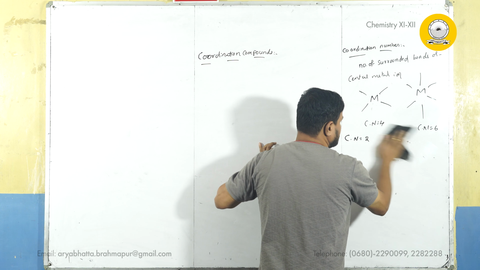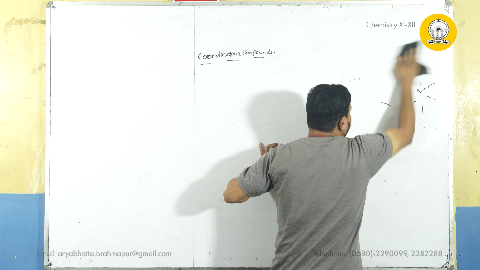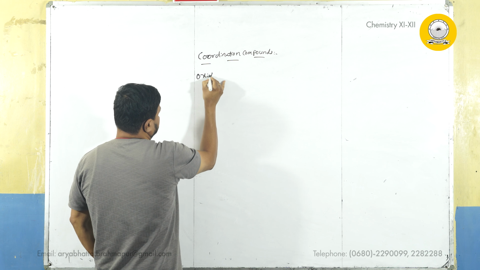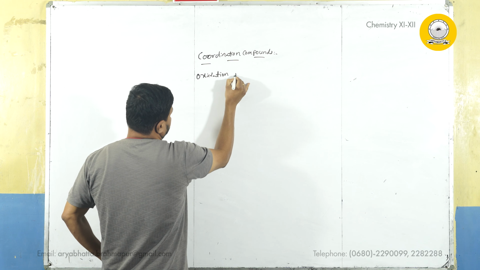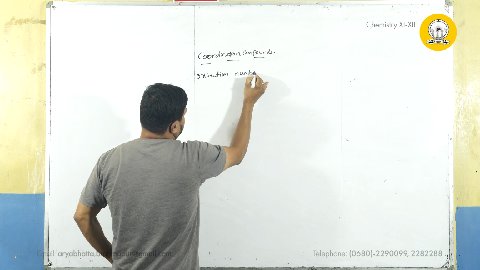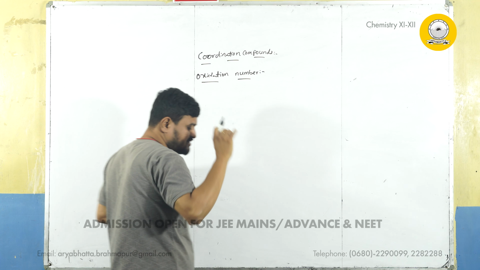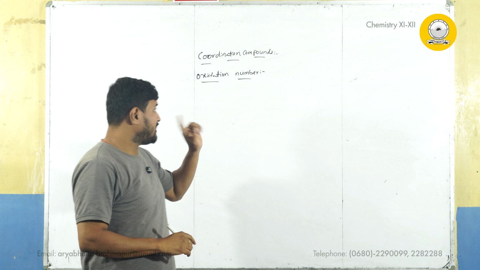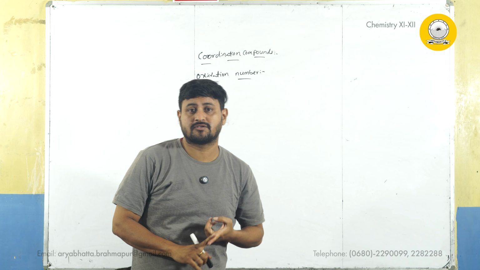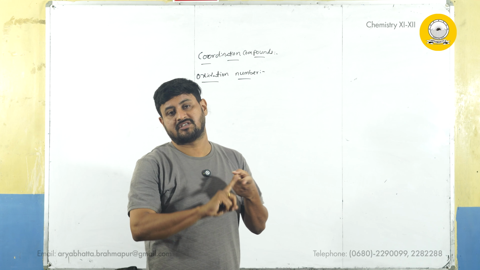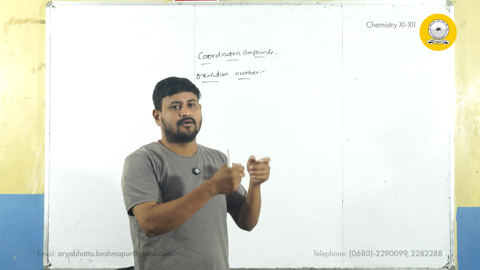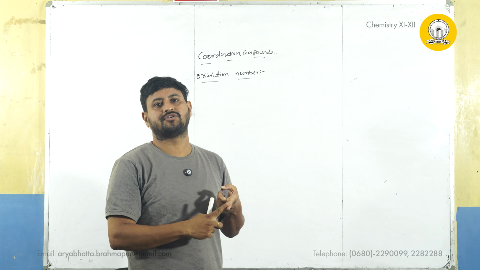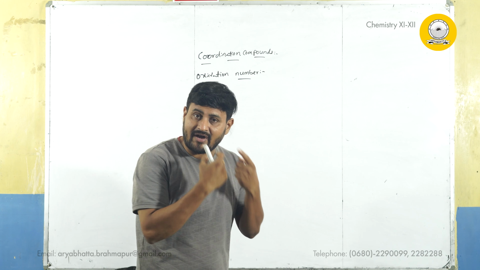The next terminology is oxidation number. Oxidation number is a very important terminology. Why? Because after finding the oxidation number, it is used in further EAN calculation, effective atomic number calculation, and for finding hybridization.